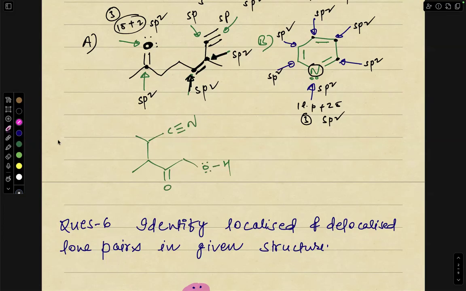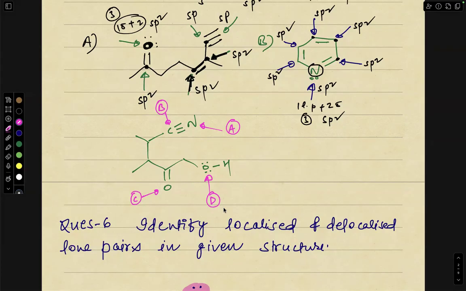What is the hybridization state of this oxygen, this carbon, and this nitrogen? I'm going to mark as A, B, C, D. Okay, let me know the very first one, A.